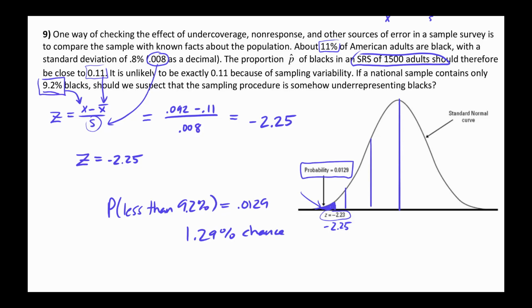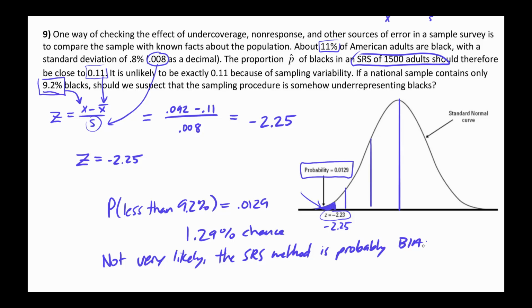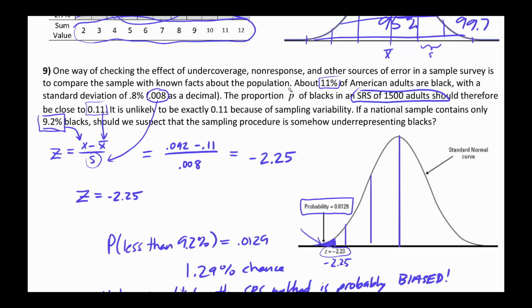That's not very likely. So because it is not very likely, the simple random sample method is probably biased. We'd want to switch methods, or adjust it so that those people get represented fairly, probably close to the 11% that they actually make up in the population. So a couple of really big ideas there.